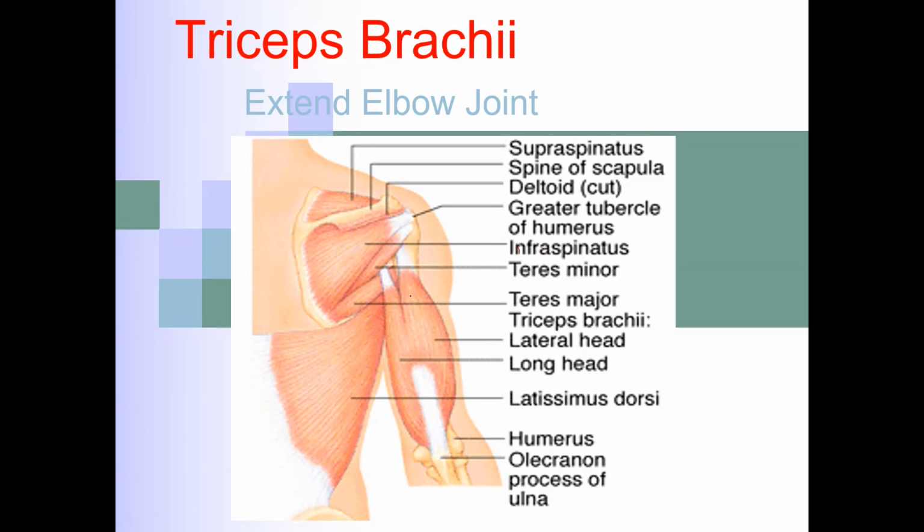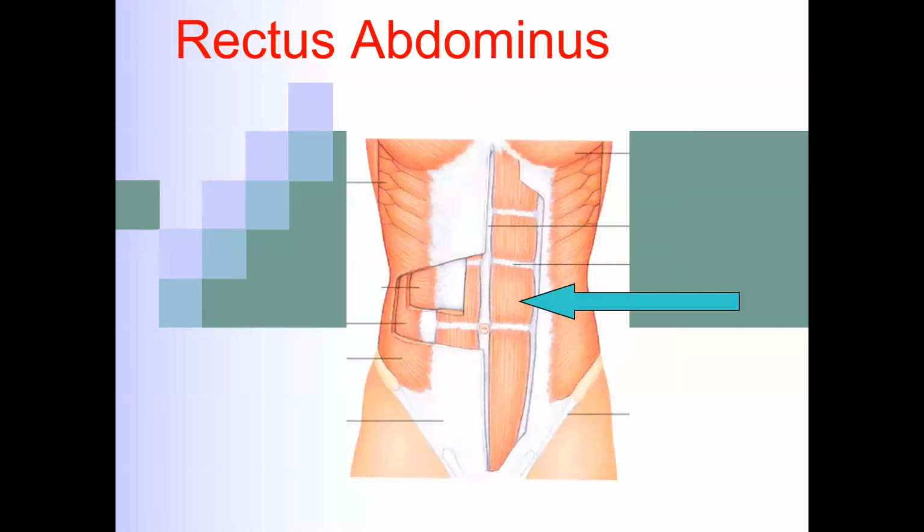Now, the insertion of the triceps is on the ulna. So, of course, when the triceps brachii contracts, it pulls on the ulnar bone, causing the angle to increase at the elbow joint, which means you're extending the joint, right? Okay.